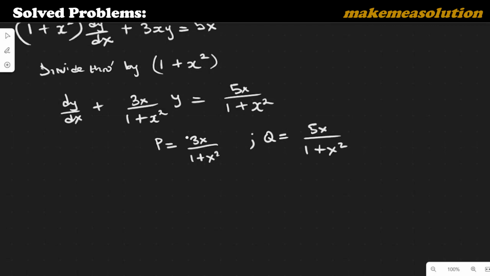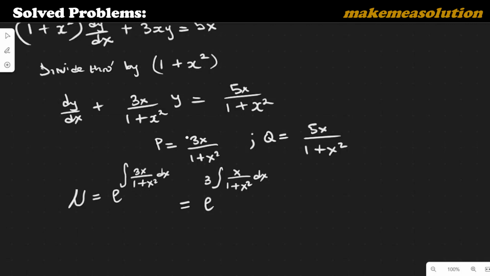So our integrating factor mu is going to be exponential integral of p, which is 3x over 1 plus x squared dx. So let's solve along. This is exponential 3 integral of x over 1 plus x squared dx.